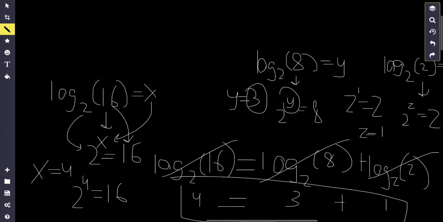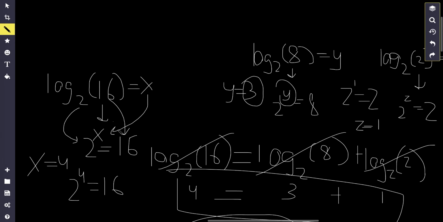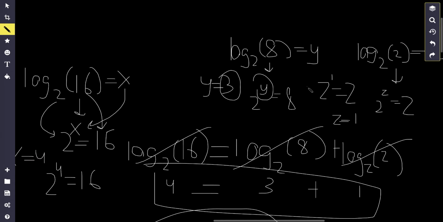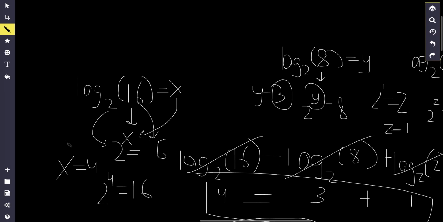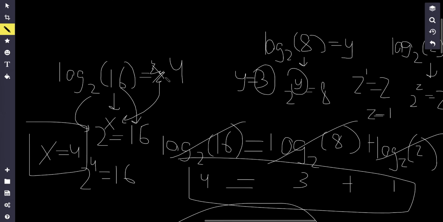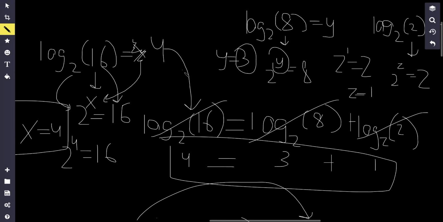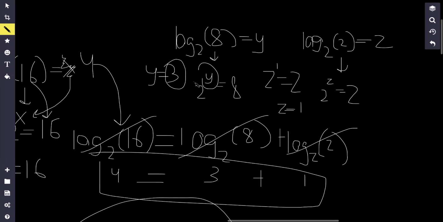So basically all we did was we separated all of these log things into their own separate equations. And in this first one, we got that x is equal to 4. So that means we were able to substitute 4 instead of log base 2 of 16, because we said that log base 2 of 16 is equal to 4. We saw that y was equal to 3.